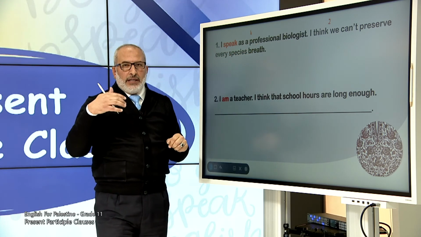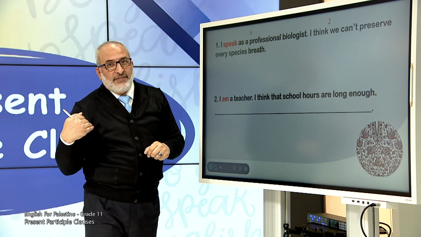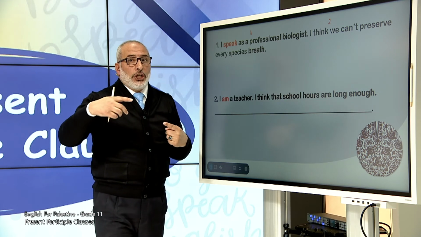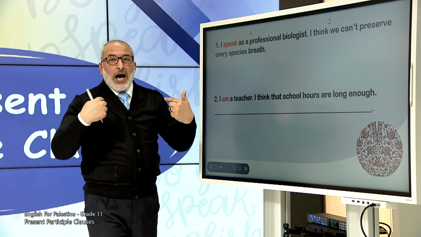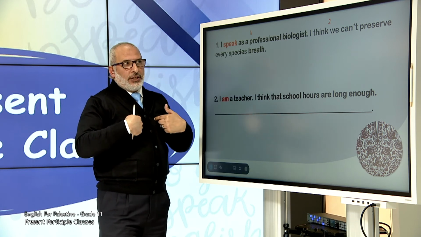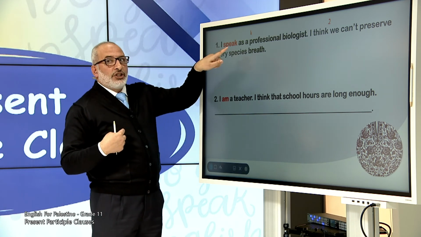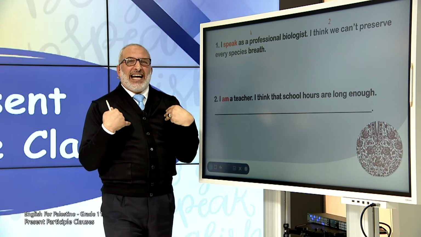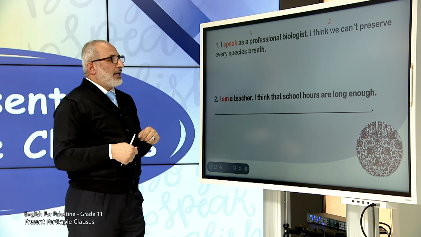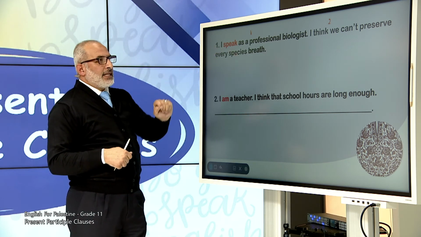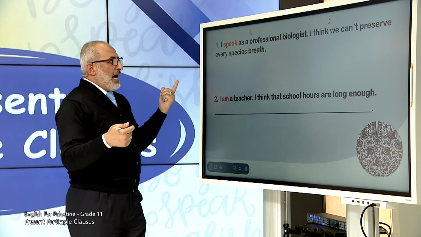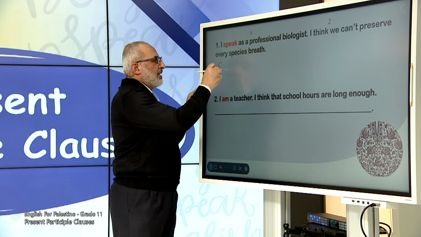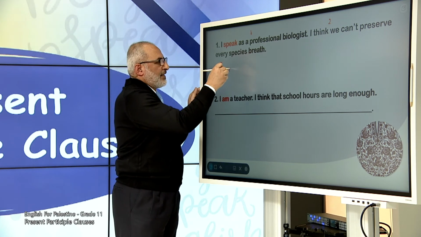And do you remember, I told you previously that we use present participle clause to express my attitude, how I see the subject. So here we change this sentence, which expresses my identity, right? All right. Look here, the verb is speak. How can we make it a present participle clause? Here we have speak, the infinitive form.